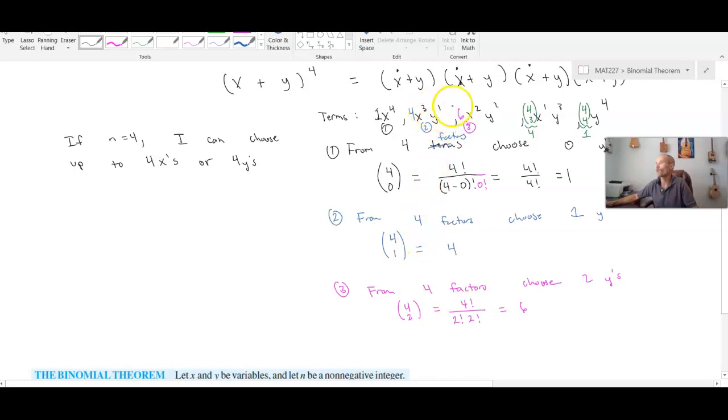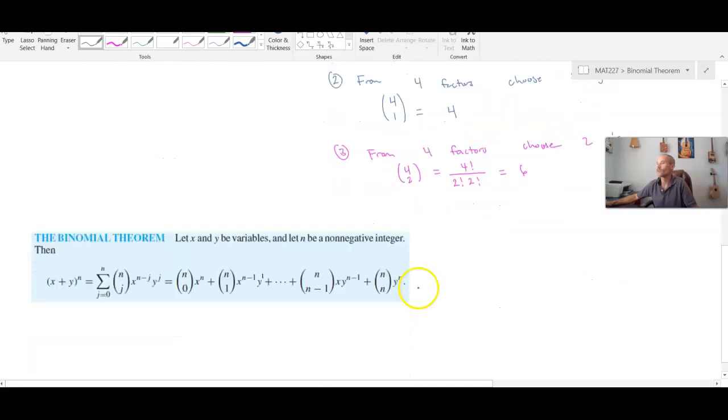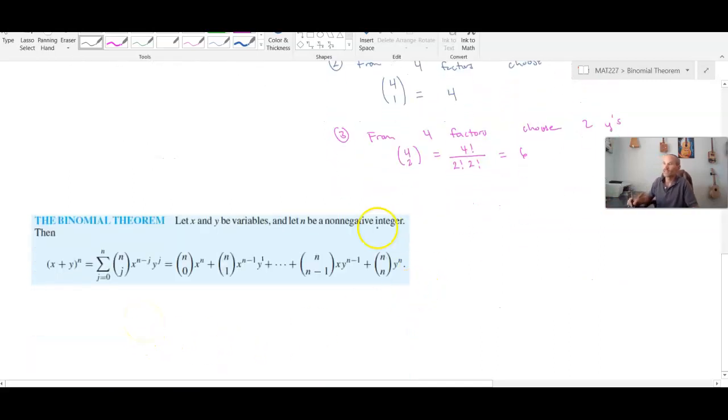And then you can see that the powers on x just continue to decrease and the powers on y continue to increase.